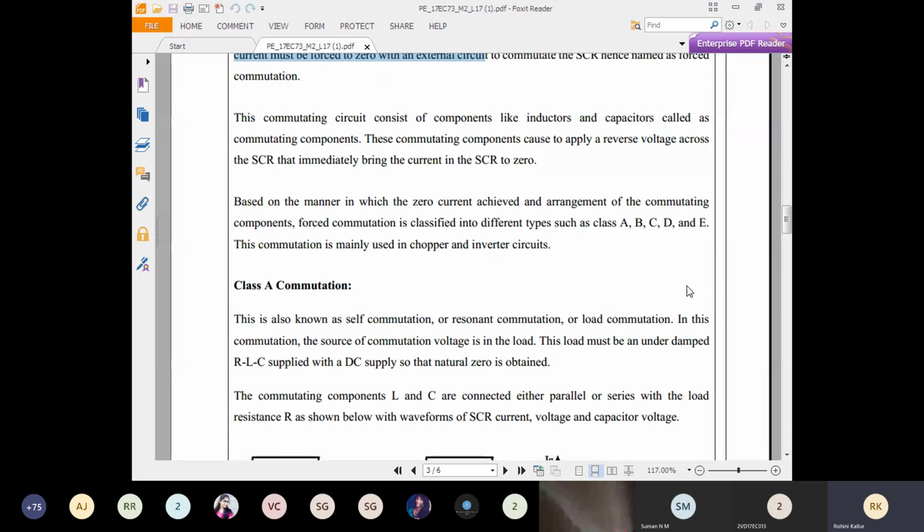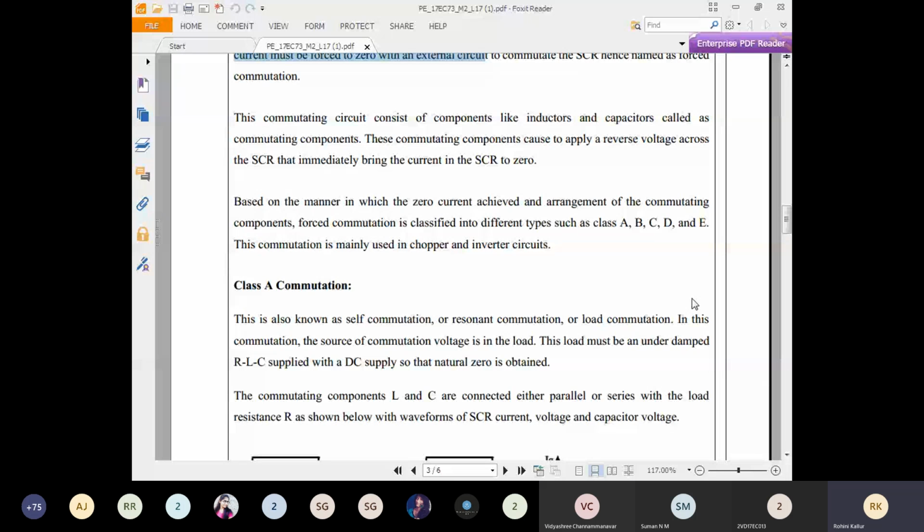Depending upon what my commutating device is, whether it is an SCR, a diode, a resistor, a capacitor or an inductor, we will be classifying them into class A, B, C, D, E and F commutation.